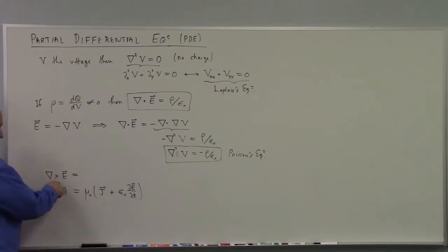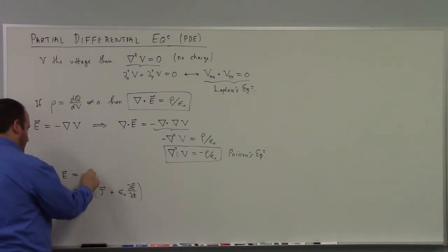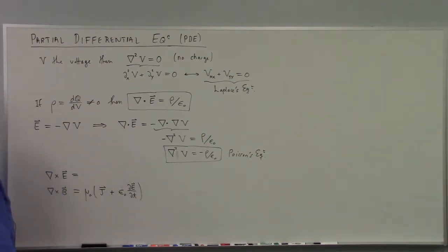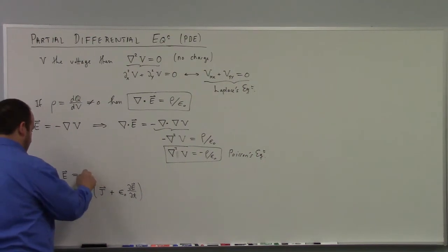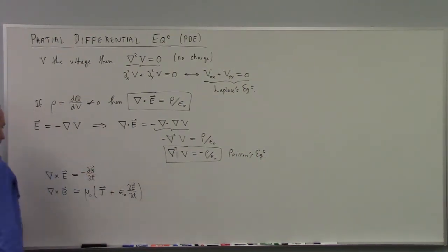And let's see, this one, I believe, is just, oh man, I'm forgetting. What was that one? It may just be minus partial B partial t. I'm a little bit fuzzy on the signs here, and I feel like I might be missing a multiplier. But anyway, I won't bore you with the whole story.